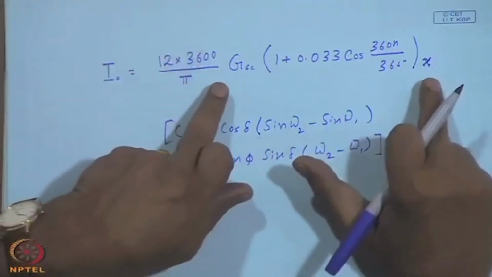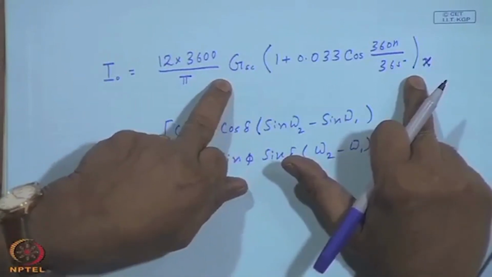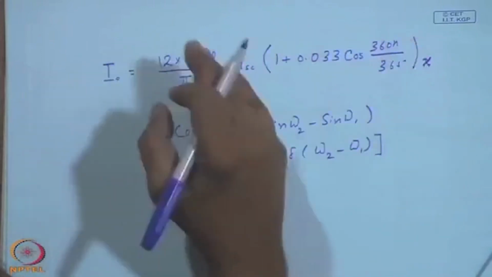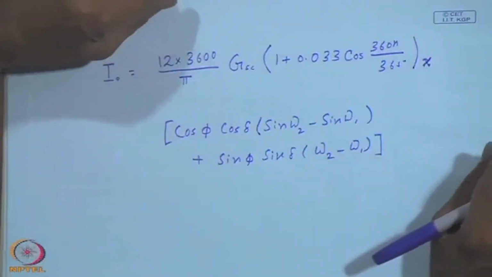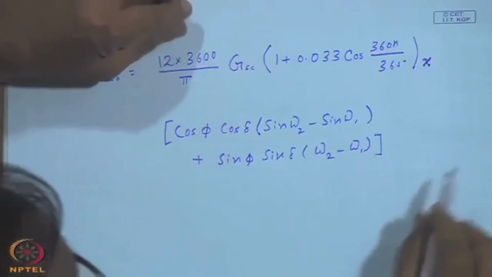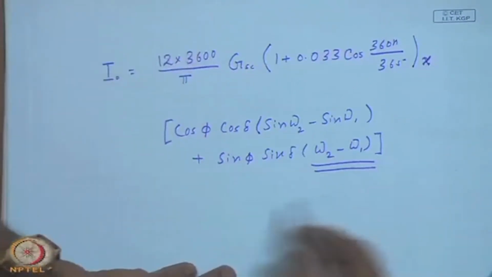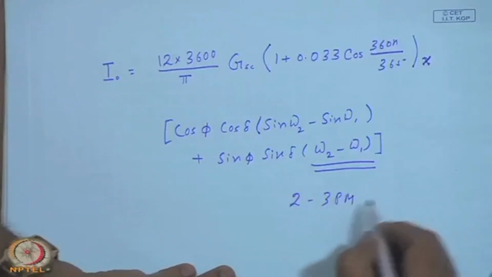So, this is almost a standard phrase, G SC into 1 plus 0.033 cos 360 n by 365, from which you can construct I 0, H 0 or whatever it is by integrating over the appropriate time interval. About radians, this is where you have to be careful. Suppose it is 2 to 3 p.m., right?